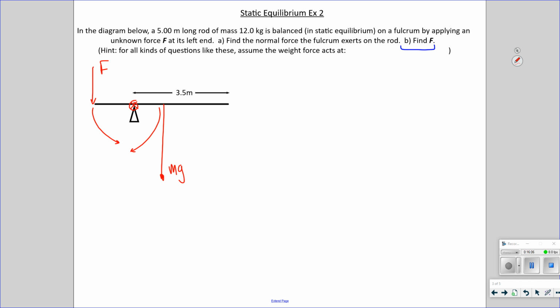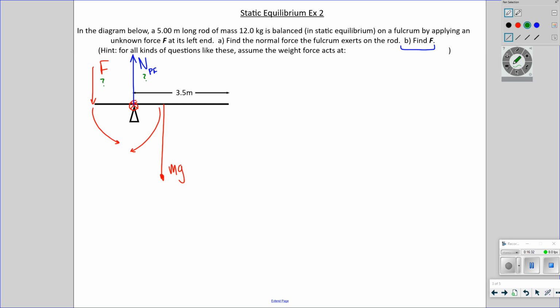Well, look, those are two downward forces, but this thing's in equilibrium, so there must be a normal force, I'll write, on plank by fulcrum. So there's our free body diagram. All right, and we got two unknowns. Here's one of them: what's F? And two, what's that normal force?